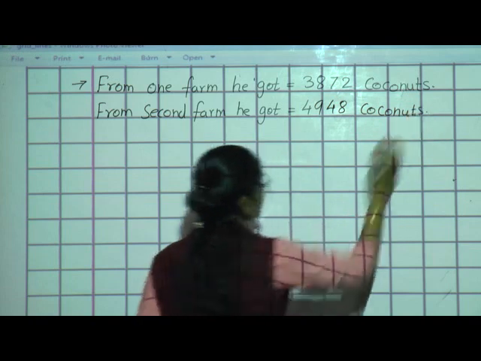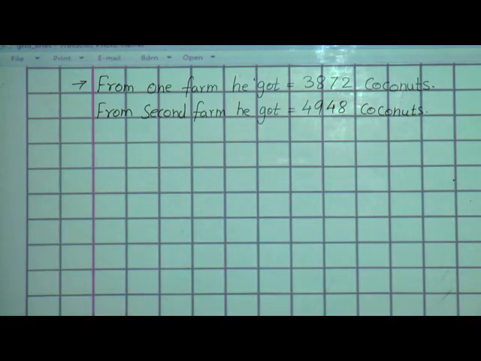And what is the question? The question is, how many coconuts did he get in all?